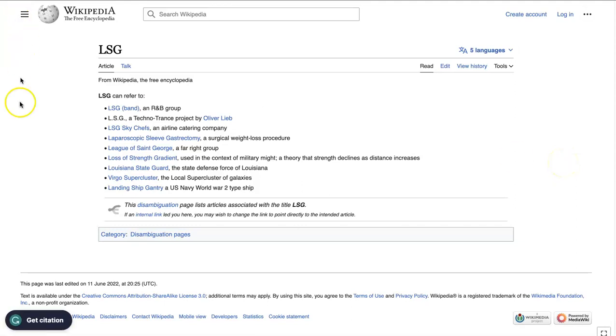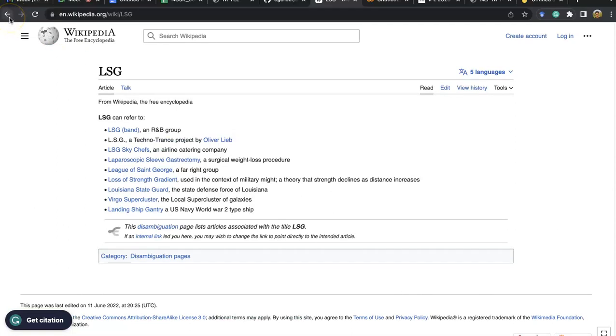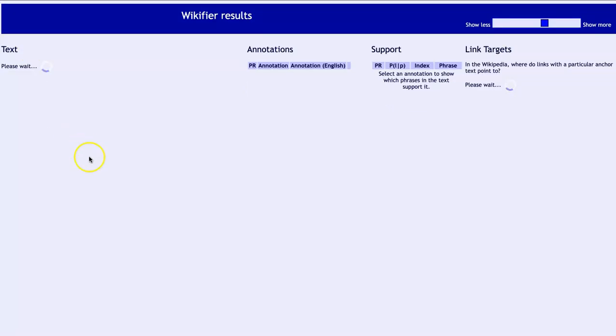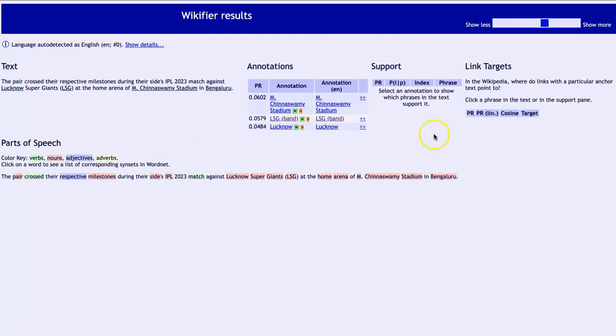Basically, there is no page for LSG, I guess. There are pages for Lucknow Super Giants, but I don't know if there is a page for this abbreviation LSG. You can check that. This is just for demonstration, you can check and play with it.